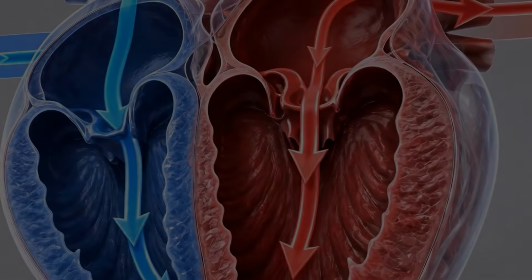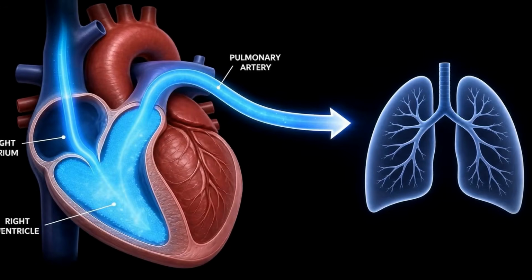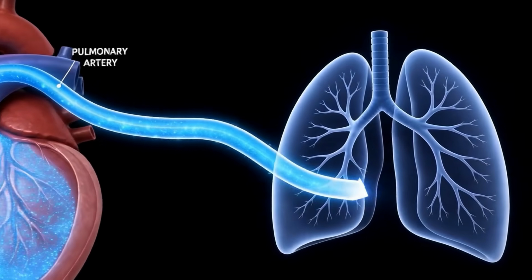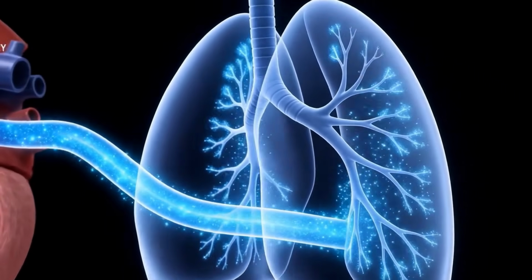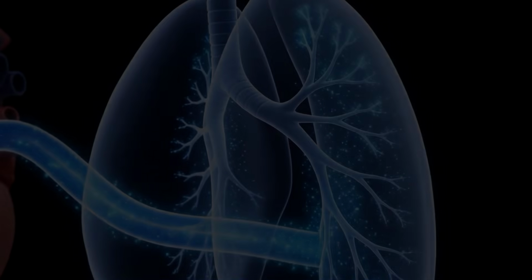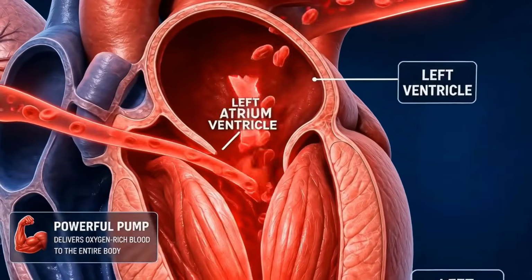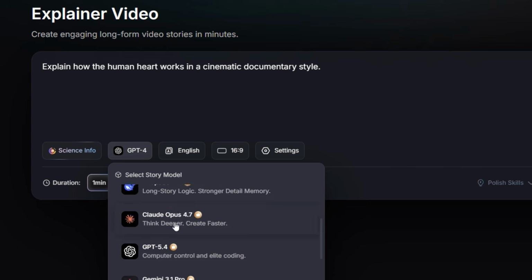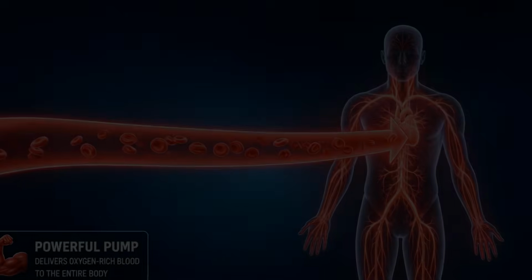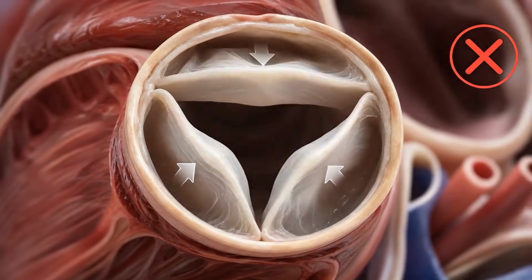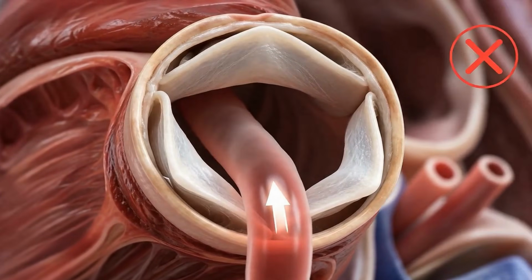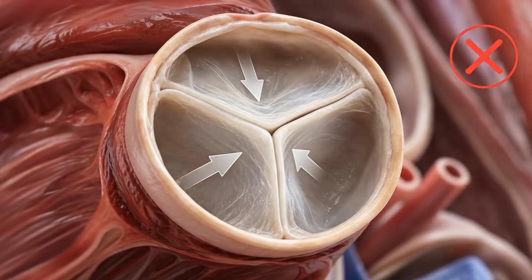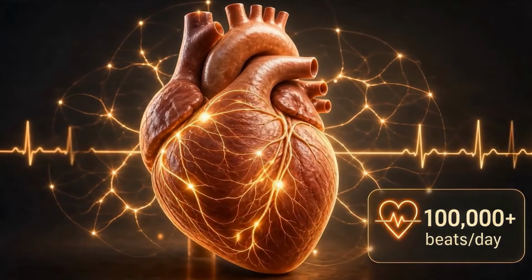The science workflow especially looks really polished because the visuals feel much more cinematic than typical educational animations. One thing MagicLight is clearly pushing hard right now is these GPT-powered science visuals. And honestly, some of these look surprisingly high quality. The anime scenes, environmental shots, and documentary style visuals feel much more professional than I expected from automated generation.